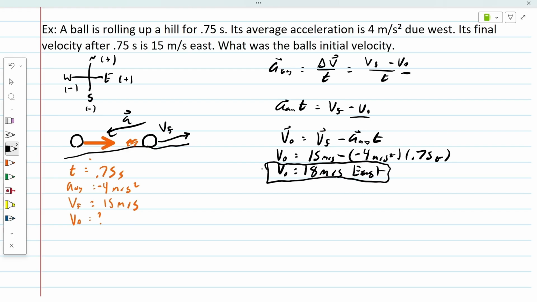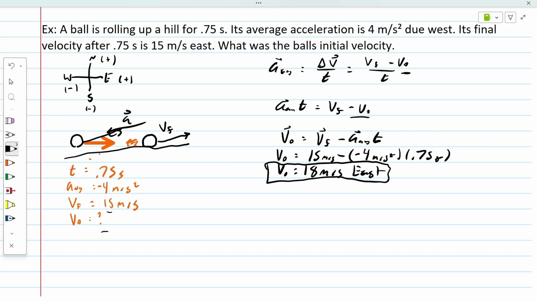Alright, cool. So now we know what the initial velocity was. The initial velocity was 18. And notice here that it starts off at 18 and ends at 15, which means the acceleration must be in the opposite direction because it's slowing the ball down.